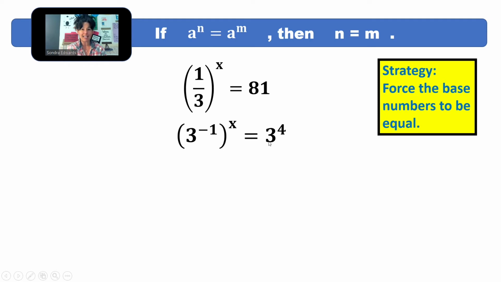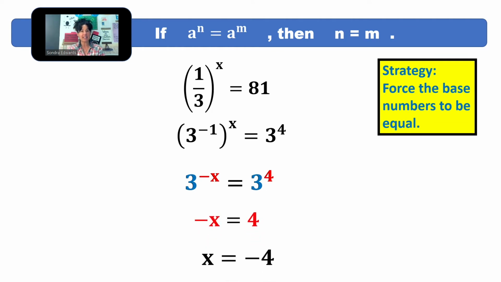Rewrite 81 as 3 to the 4th power. We're starting to see those matching bases emerge. Power to a power, multiply. So negative 1 times x is negative x. There we have those matching bases. So we can set the exponents equal, divide both sides by negative 1, and x equals negative 4.